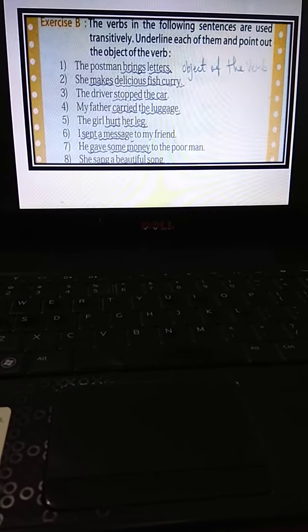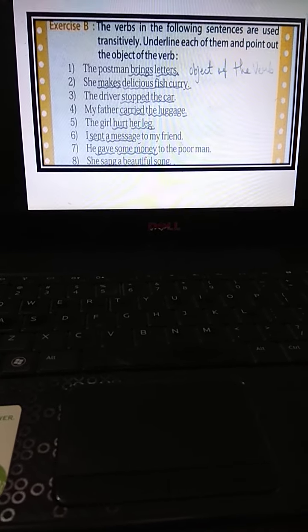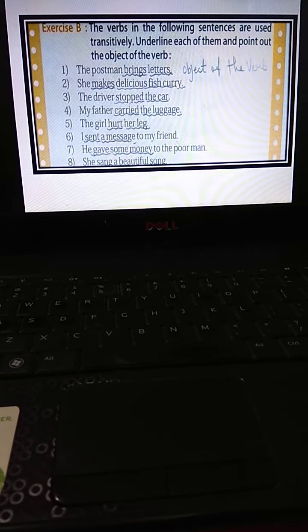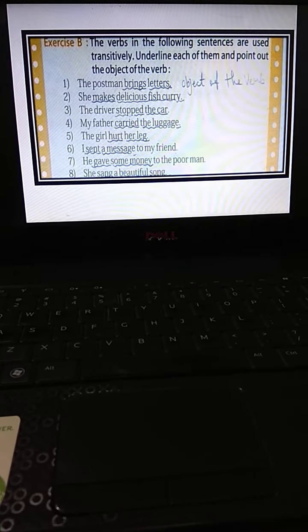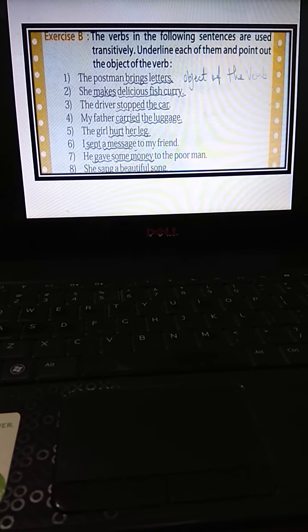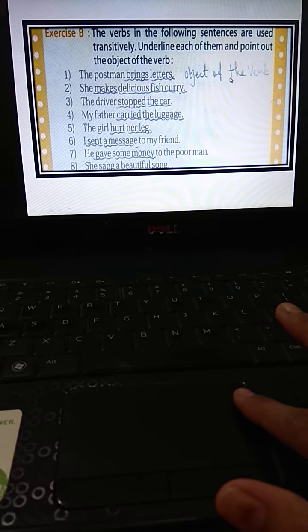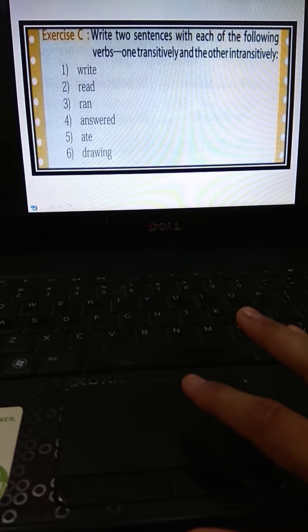Sang, beautiful song, object of the verb. In the first one I have written object of the verb, and that will continue up to 8. In each sentence we have to mention the object of the verb. I have written it only the first time, it will be written up to the 8th sentence.